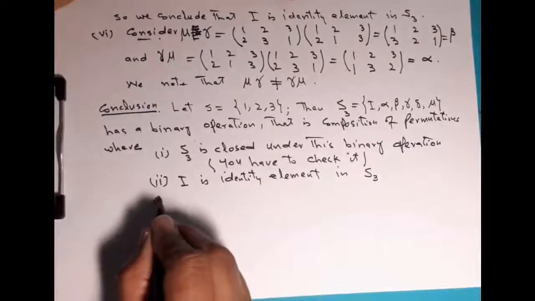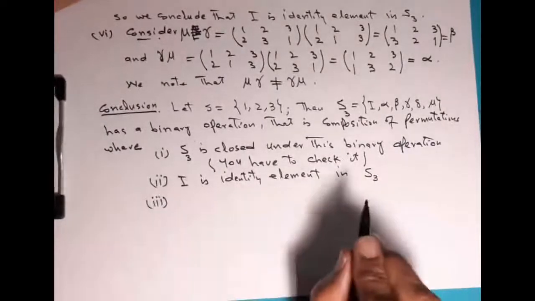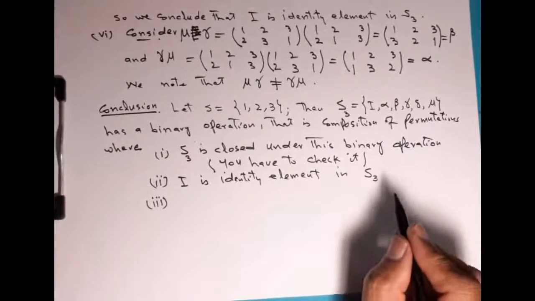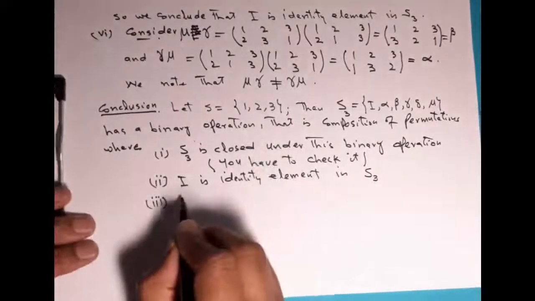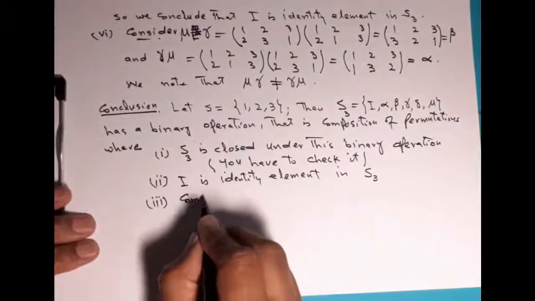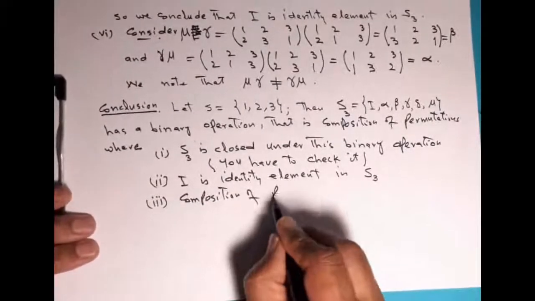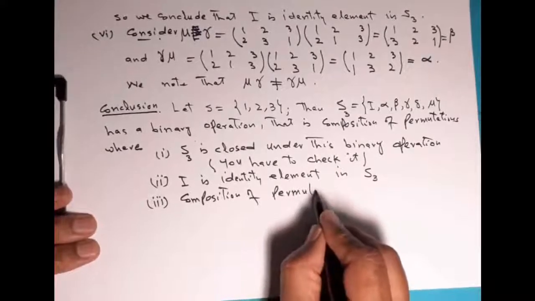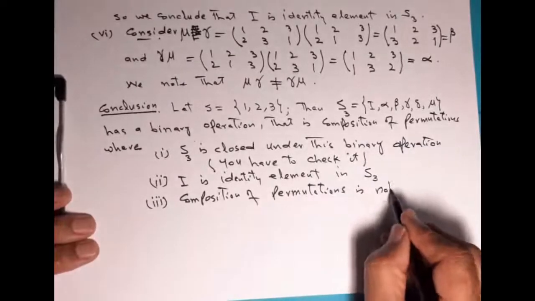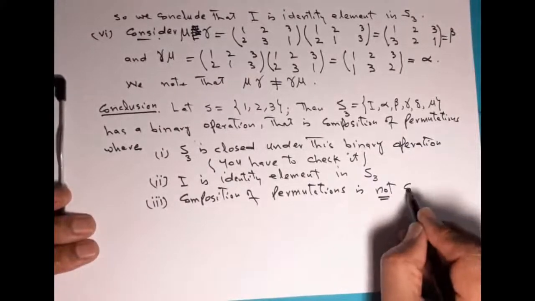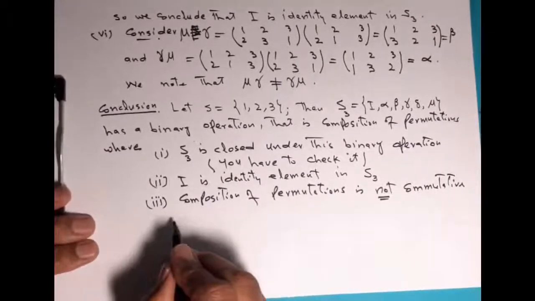And then number 3, composition of permutations is not commutative in S3.